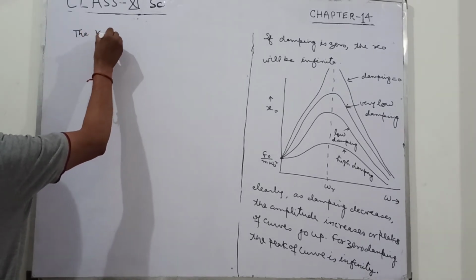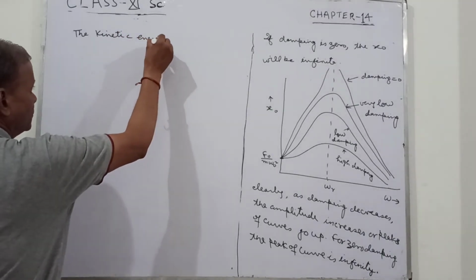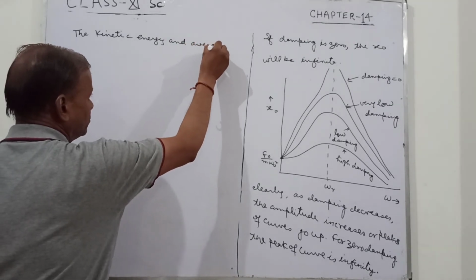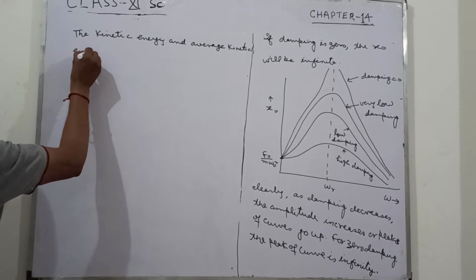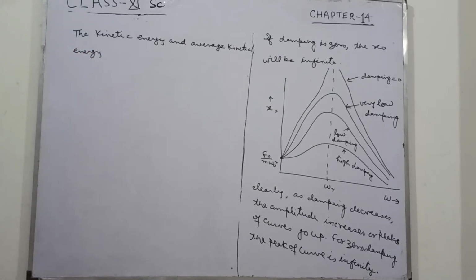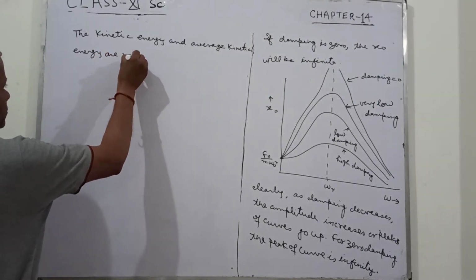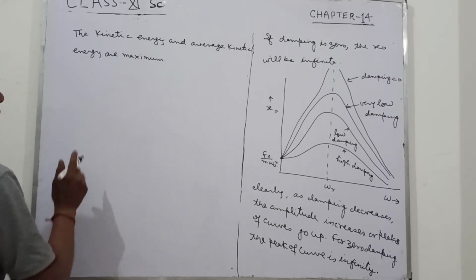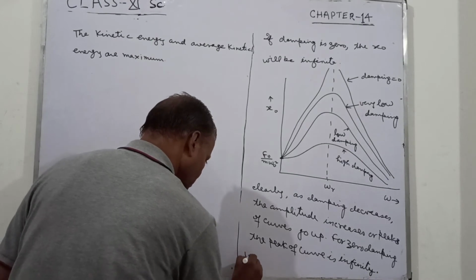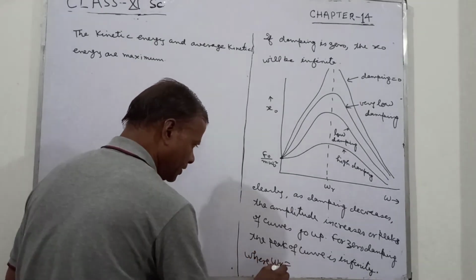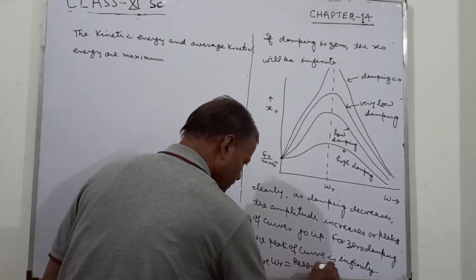The kinetic energy, and the average kinetic energy, at omega r, where omega r is the resonant frequency.